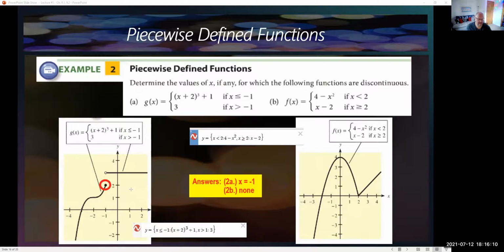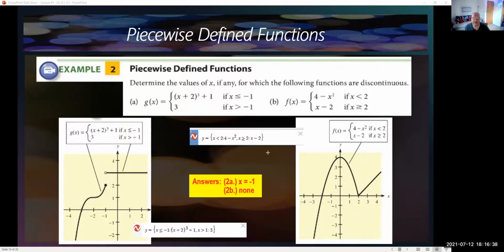But then if x is greater than -1, it's going to be all of these values. It'll always be 3, which all of these have a y value of 3 here. And then we have, of course, our open hole there to represent that that's only in the case when it's greater than -1. When it's less than or equal to -1, it's the actual dot. Anyway, we can, by looking at this picture, assume there is discontinuity specifically at x equals -1 because of the way the picture looks. You see there's a clear break.